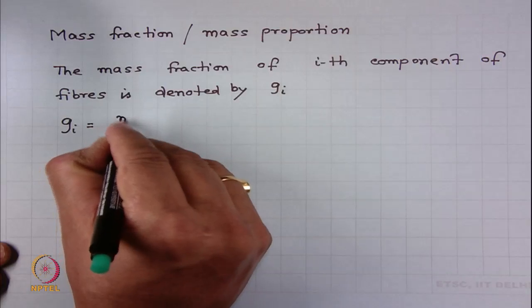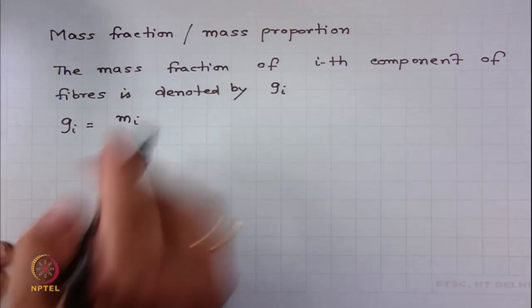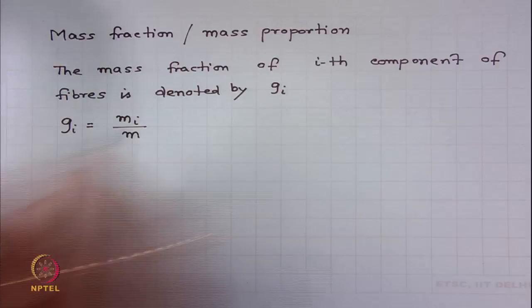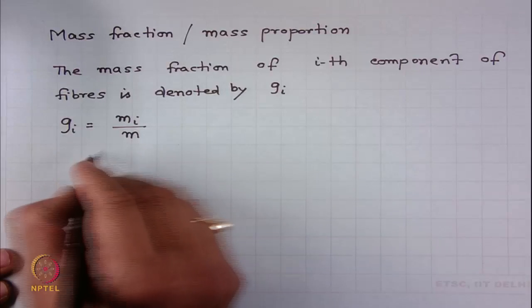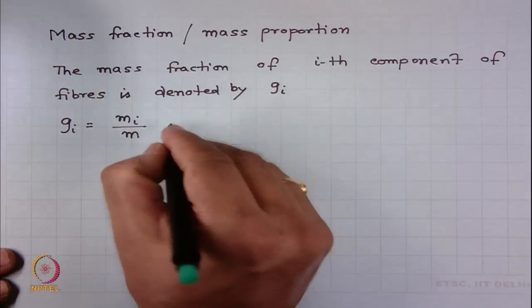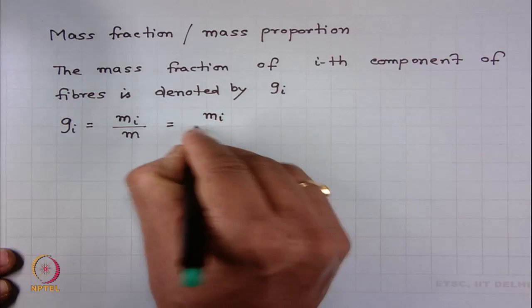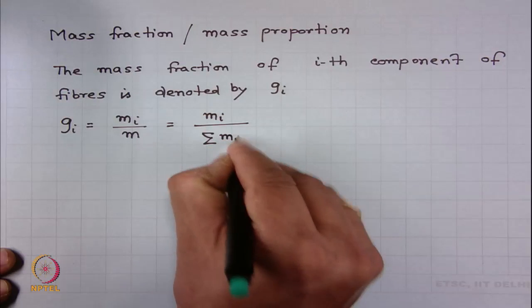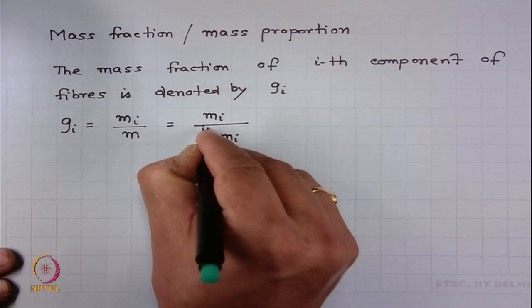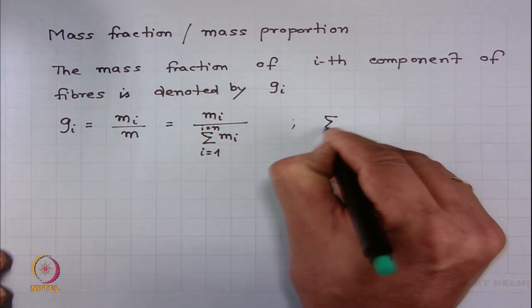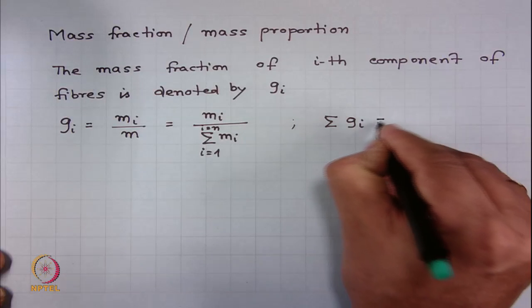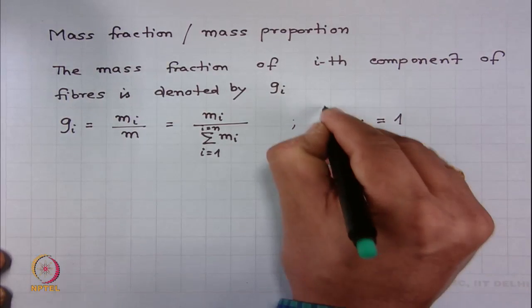G subscript I is defined by the mass of ith component fiber divided by total mass of the blend, right? And the total mass of the blend can be written as this. So, the summation of all mass fractions will be equal to 1.